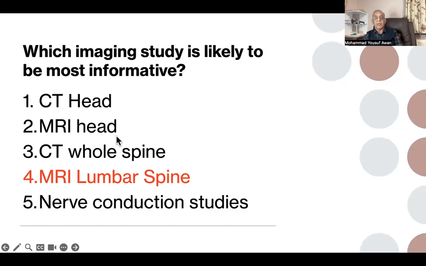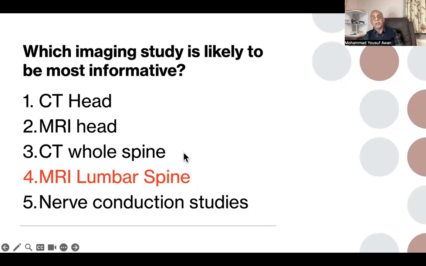So why are the other options wrong? CT head: we know there's no problem in the brain because there is no headache and no information given indicating cerebral involvement. MRI head is not the first investigation. Usually when the CT head is not informative, I will go for MRI head.